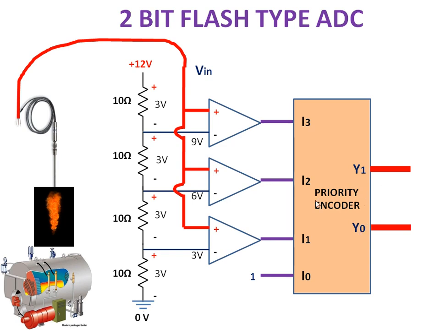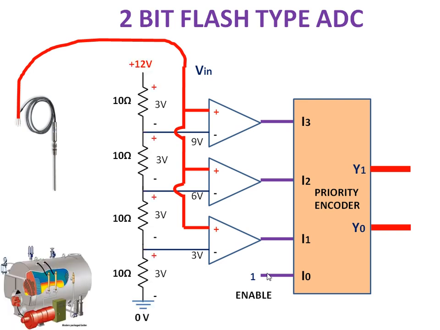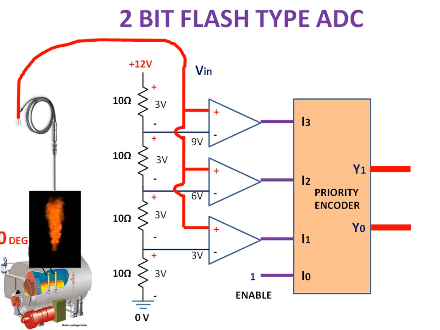So let us discuss the operation of the 2-bit flash type ADC. This one is enable. The same setup. Suppose the boiler temperature is 0 degree Celsius, then your RTD will produce 0 volt, right? This 0 volt is given to the plus terminal because this red line is connected to the positive terminal of the comparator. Now compare the voltage.